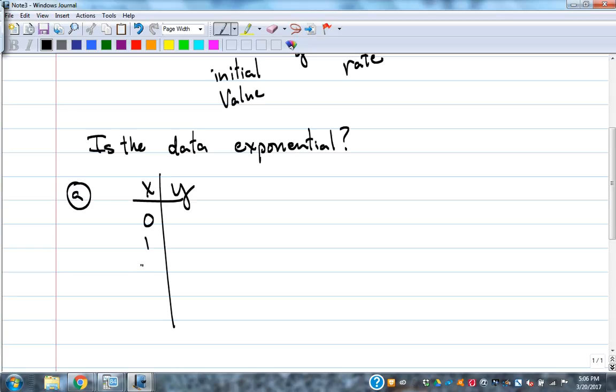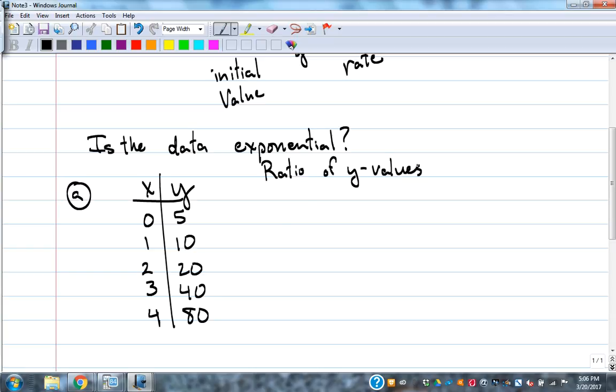And if you've got some sequential x values, which you will, and then you got some y values, what you can do is check the ratio of y values. It's not a slope, it's a ratio. Okay?